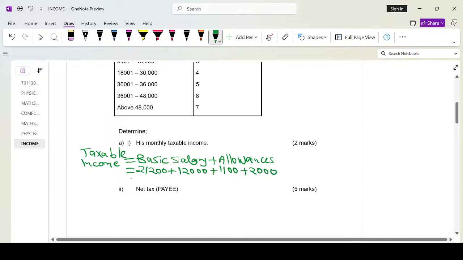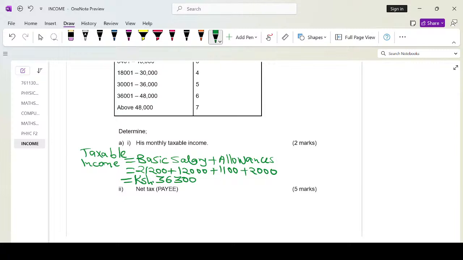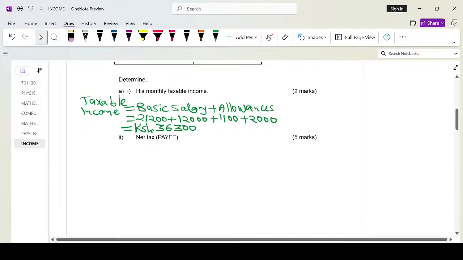When you do the summation here, remember this amount is in Kenyan shillings, so that becomes 36,300 Kenyan shillings. That is the taxable income, the amount from which tax is going to be levied.